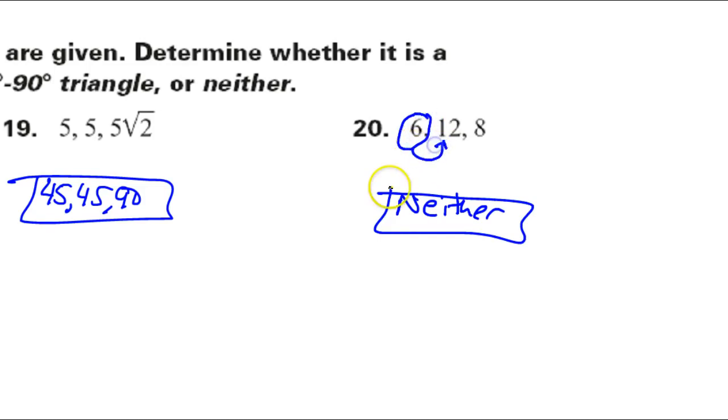So, kabam, we do have double it. But if I take the short leg and multiply by radical 3, that should give me the other side. In other words, instead of 8, if this was going to be 30-60-90, it should have been 6 radical 3 instead. Since it wasn't, this is going to be neither.